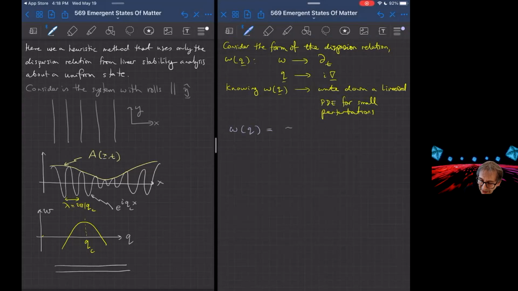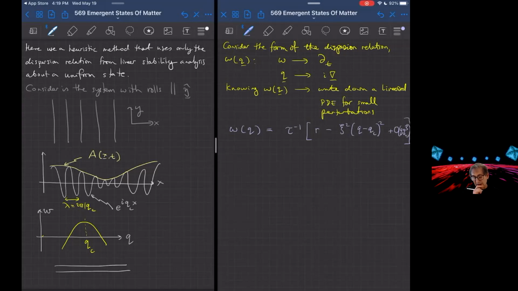Omega has the dimensions of inverse time, so I'm going to write it as some inverse time scale, and then a constant r minus xi squared times (q minus q_c) squared plus order (q minus q_c) cubed.